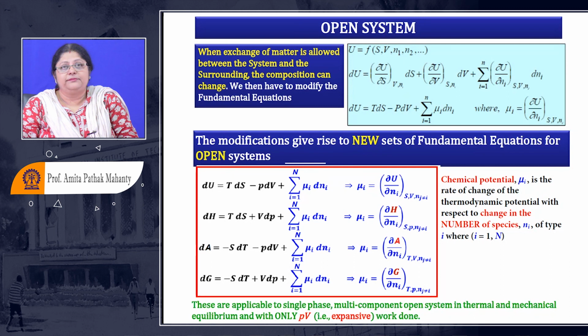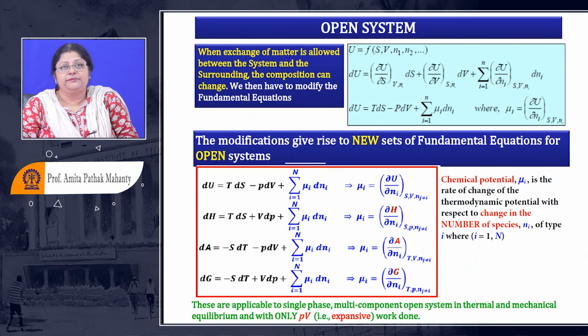So these are applicable to a single phase, multi-component open system in thermal or mechanical equilibrium with only PV type of work. These equations are applicable to single phase or multiple phases. Single phase means the other components will vanish.